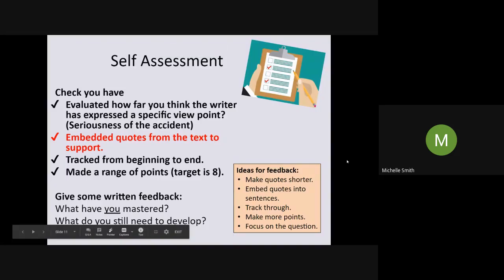Maybe if you're struggling with this part and you're not sure here, maybe that's where you need to get on that Google Meet now and ask your tutors to give them your work so they can give you an idea of what they think you've done well and what you still need to develop. And then maybe you consider whether you agree with that or not. Okay, so pause the video now and just have a go at that self-assessment reflection, please.